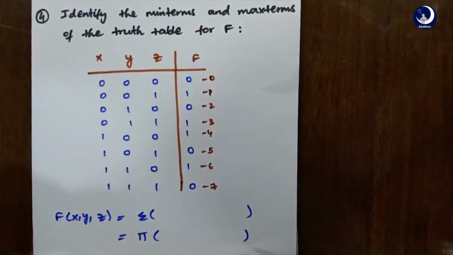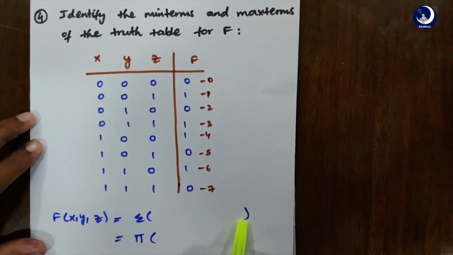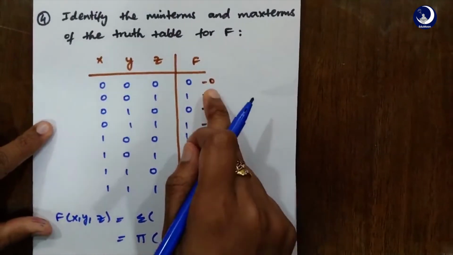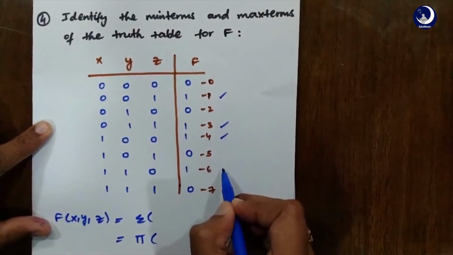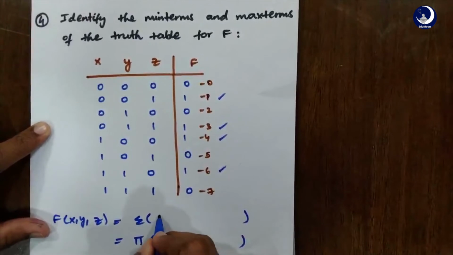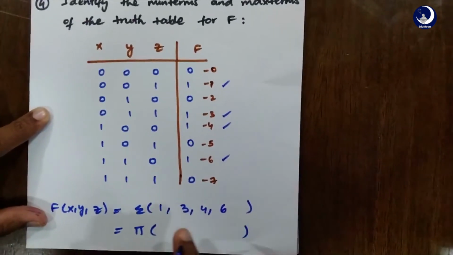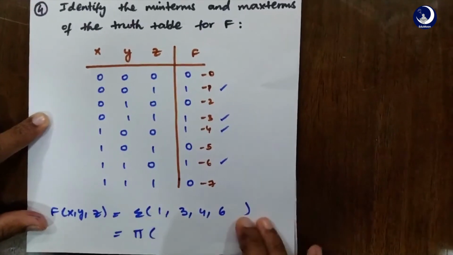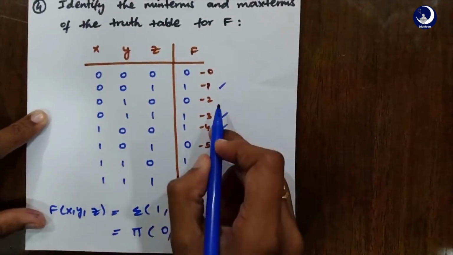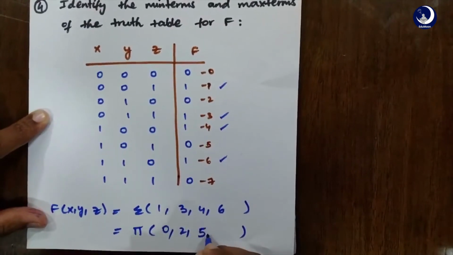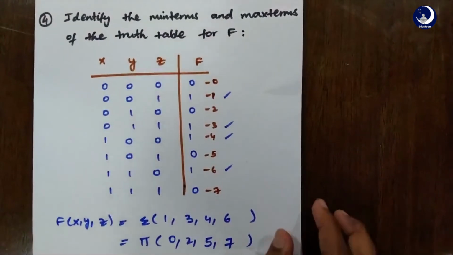Always remember that for any values of 1, those will be your sigma. The values standing for 1 are 1, 3, 4 and 6. And all the terms that are left apart from sigma will be your pi terms, which are 0, 2, 5 and 7. That's it. I hope you're very clear with this one.